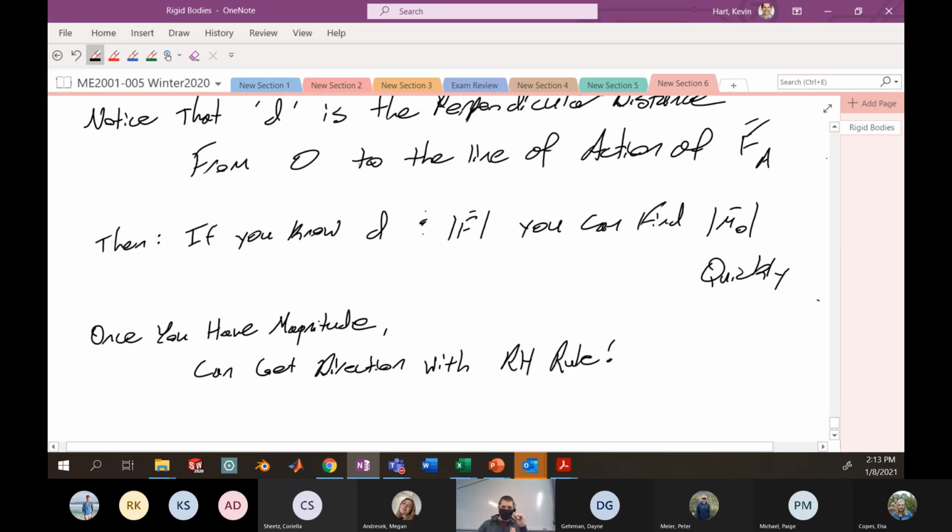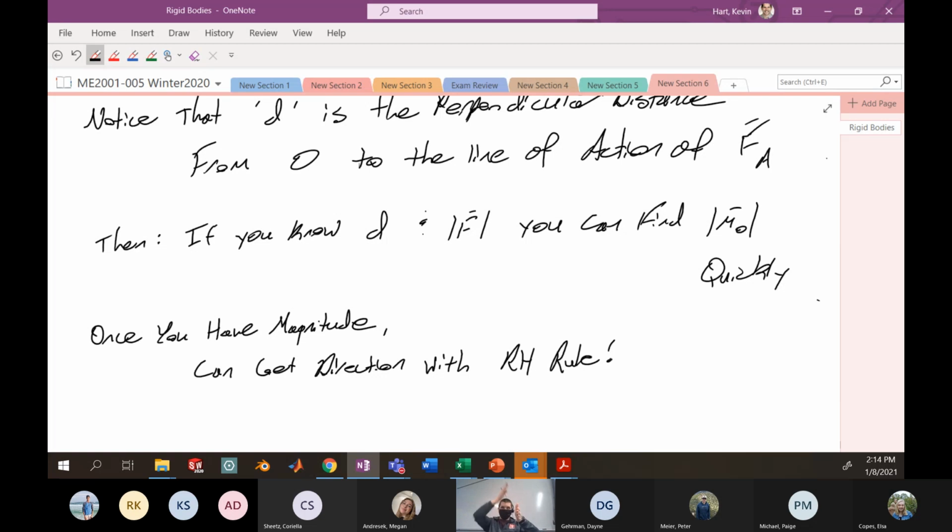Okay. So it's a nifty little trick. This is very applicable when it comes to forces on a beam. You have this very long beam and you have a force at one end that's vertical on that beam, and you care about the moment at a point that's over here.